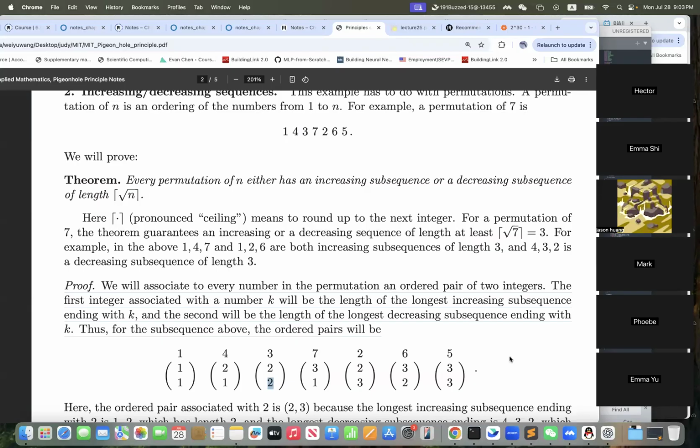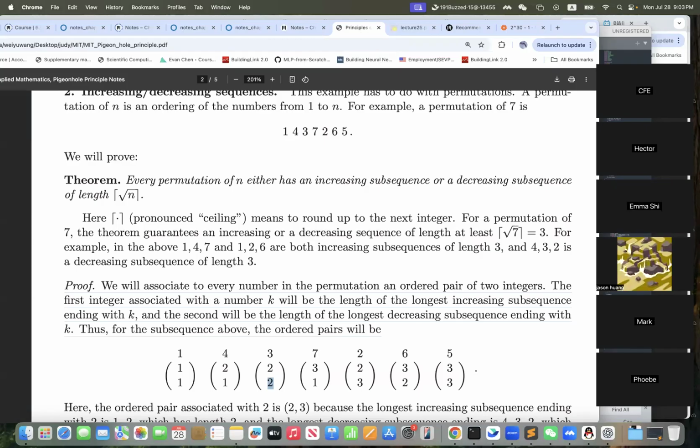And now, Hector, can you explain the 7? Oh, okay. So for increasing subsequence, it's 1 3 7 or 1 4 7.